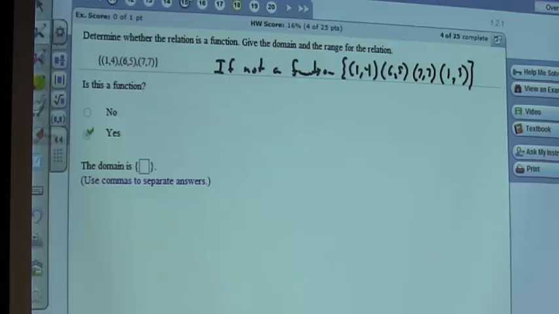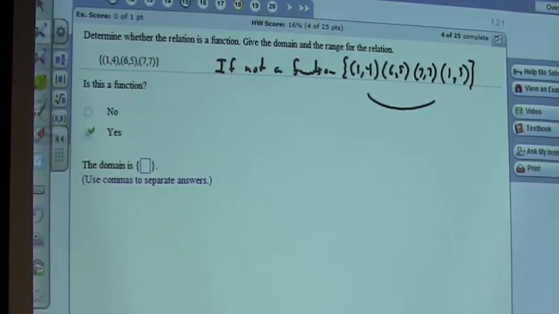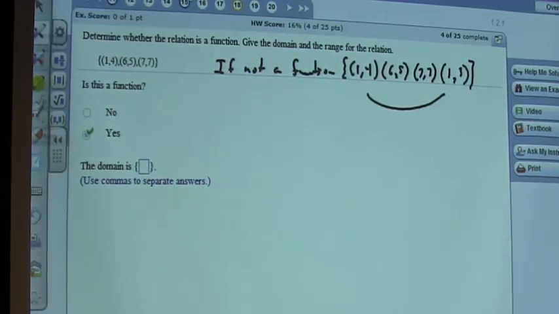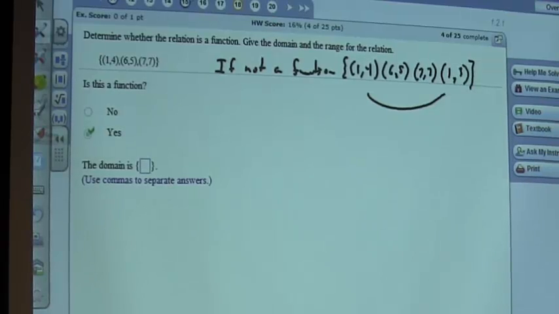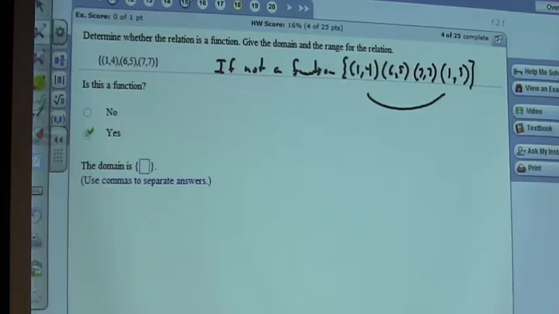Notice in that set, I have one value that is related to two different y's. One is related to 4, but also one is related to 3. That would be not a function. But the one we had is a function.